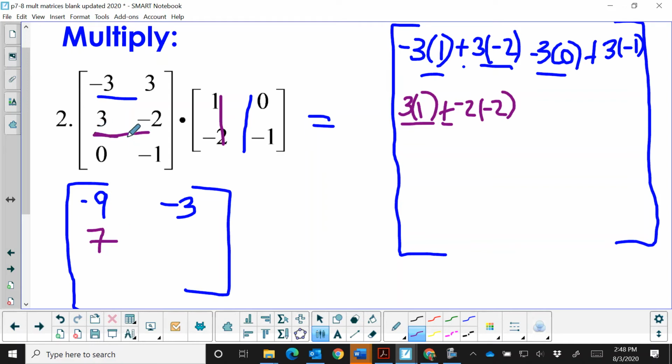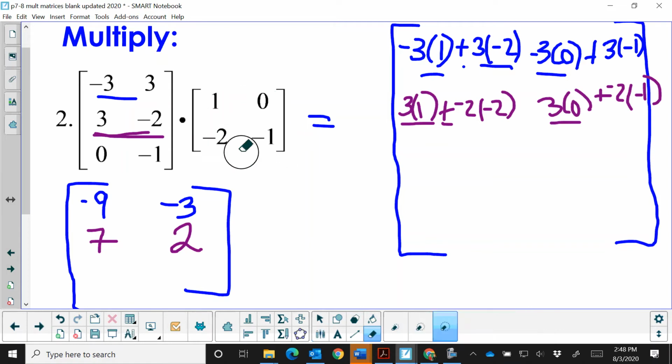And then I'm going to take the 3, -2 times my second column. So that's +3 times 0 plus second row, second column, -2 times -1. So that's 0 plus 2. That's just a 2. Okay, now let's go to the last one.